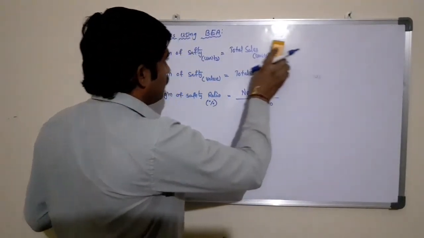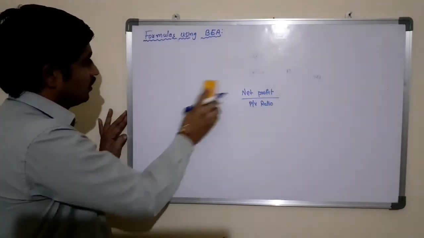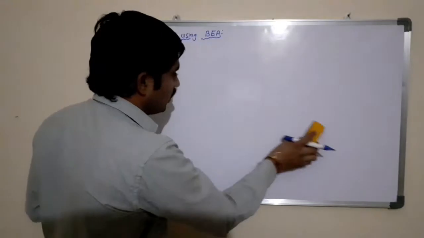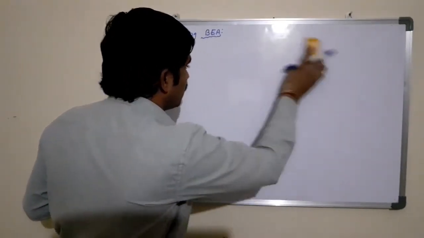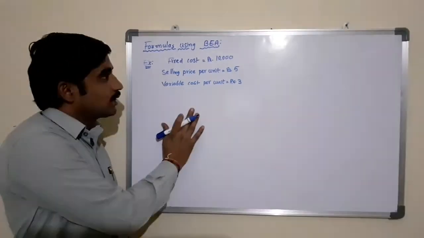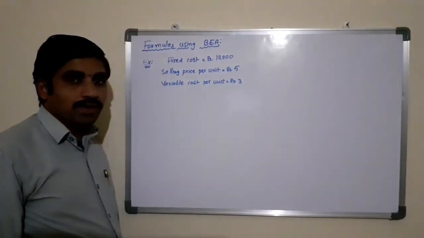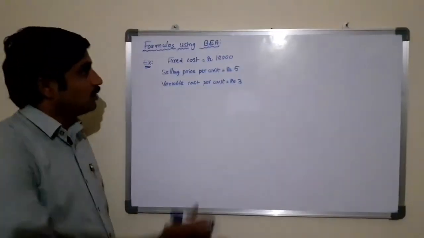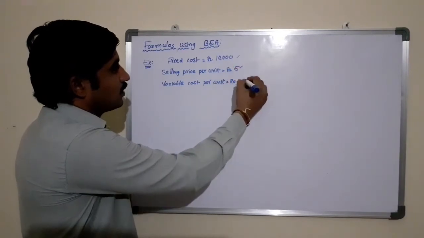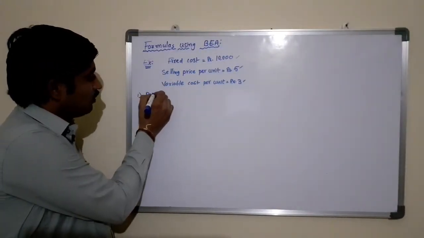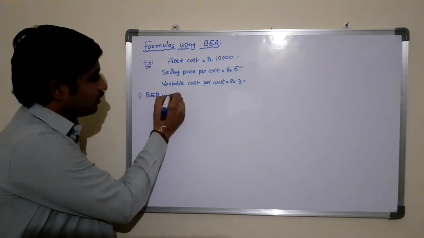Let us take one small illustration to determine the break-even point by using the formulas that we have discussed in break-even analysis. Let us take one illustration to explain the break-even point in units, break-even point in value, and also the PV ratio. This is a simple example. Here the questions are: what is the break-even point in units?